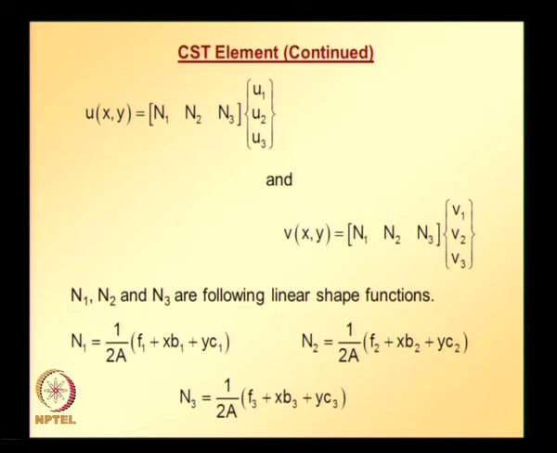Here you can see some intermediate coefficients are defined, f, b and c's. So, these f1, f2, f3, b1, b2, b3, c1, c2, c3 can be calculated based on the information of nodal coordinates of that particular element, where here also there is another quantity capital A, which is nothing but the area of the triangle, which also can be found once we know the nodal coordinates.